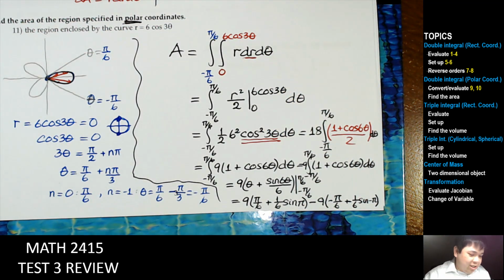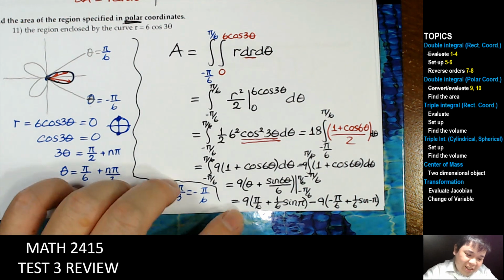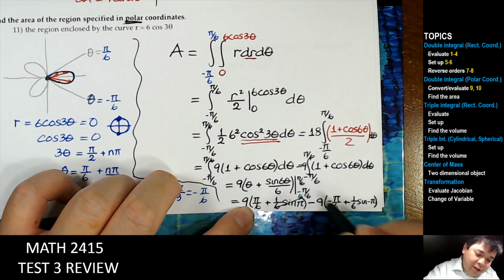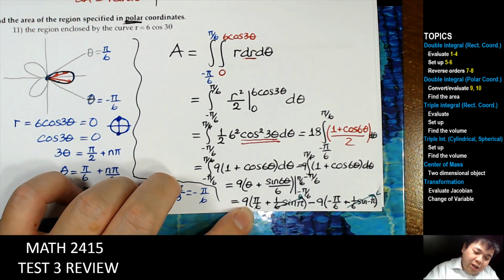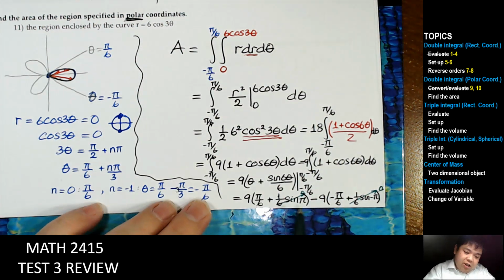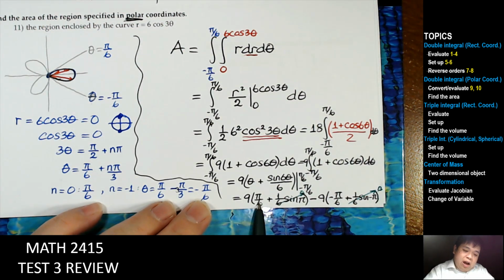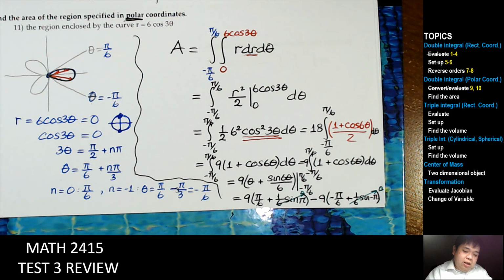Really run out of space. Sine of pi is 0, sine of negative pi is 0. Combine this together, we have 9, so 3/2 and 3/2. So that gives us 3 pi. So that one is equal to 3 pi.